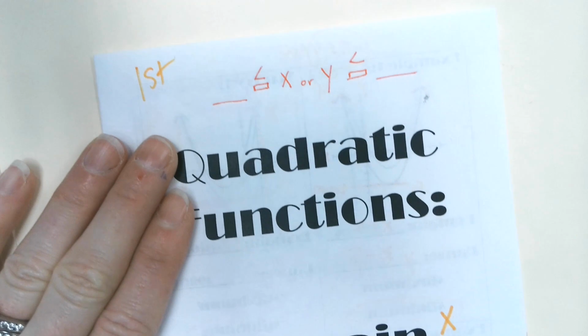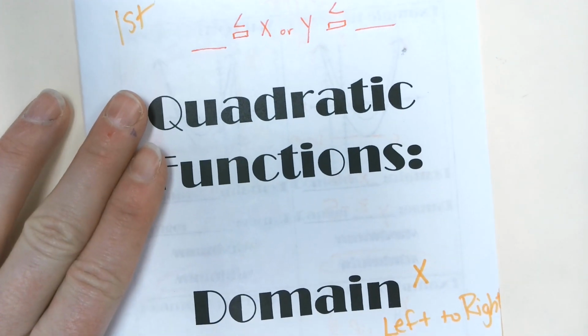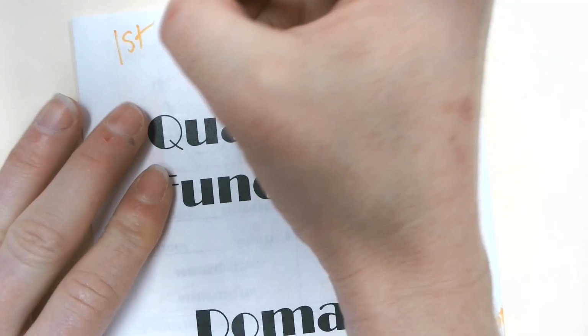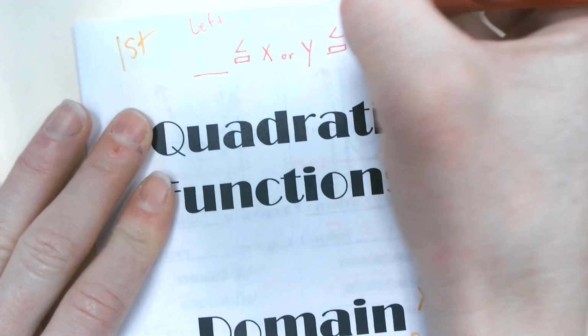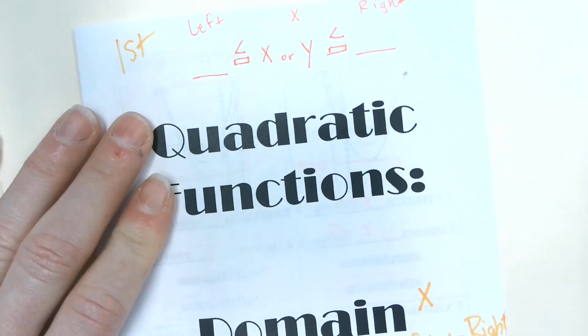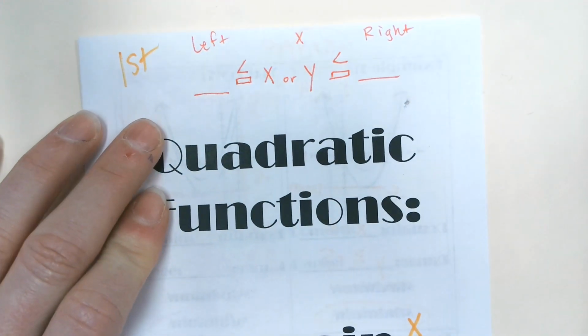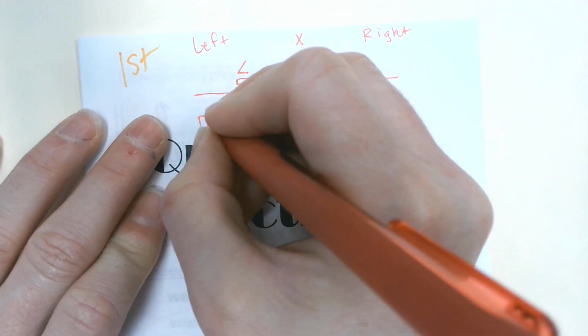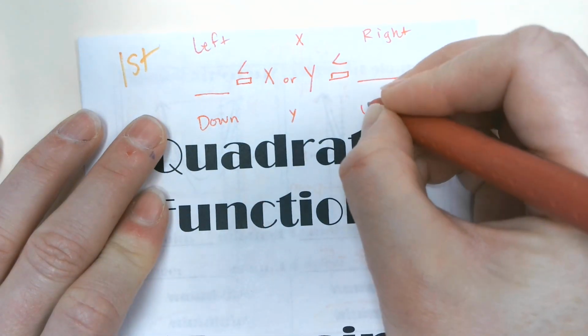So for domain, it's your left to right. And then when it's range, you do your how far down it goes to how far up it goes.